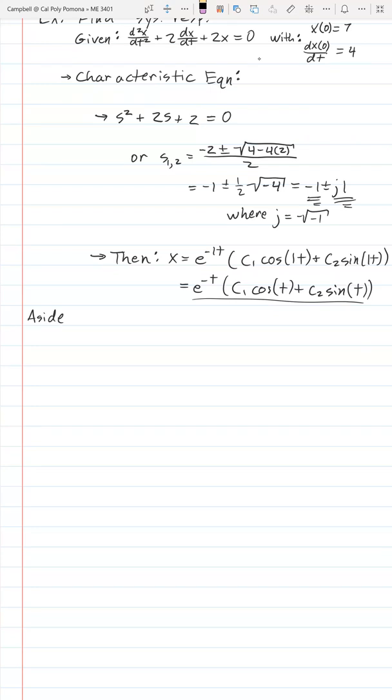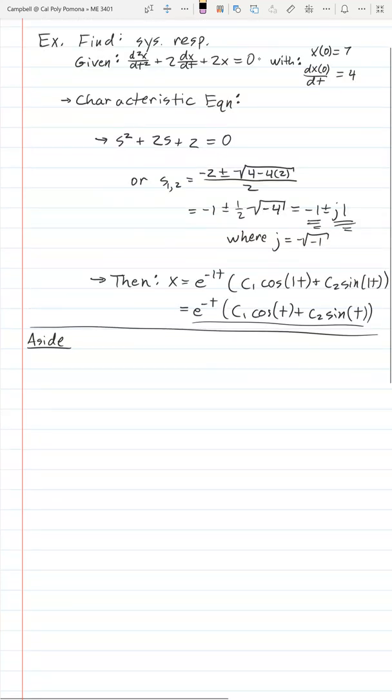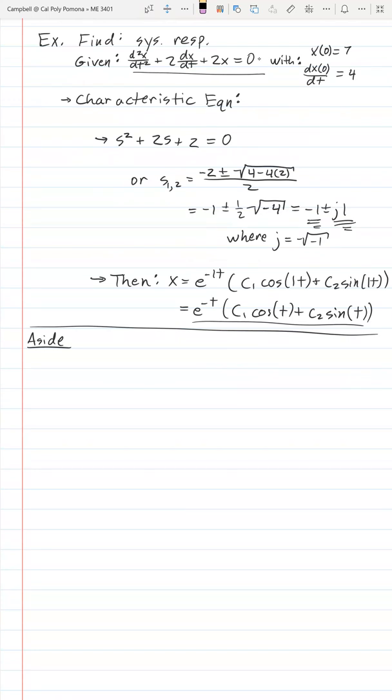So let's do a little aside here before I move on to the initial conditions. So I said that this is a solution to this particular differential equation, again, regardless of the initial conditions. So let's go ahead. We have our x here, so let's go ahead and find dx dt.